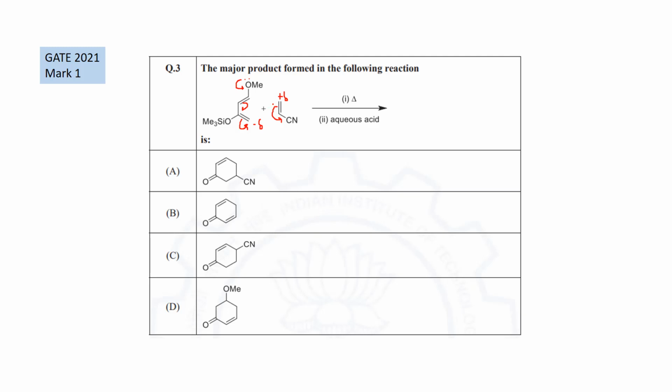Obviously, a delta positive charge will try to combine with the delta negative charge, so this part will combine with this one, and we will get trimethylsilyl. I am writing it in short form as OTMS. We will get this one.